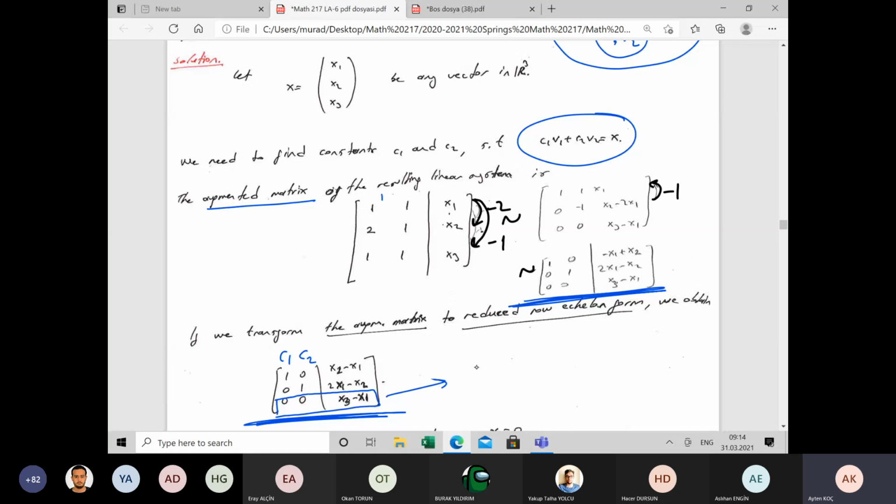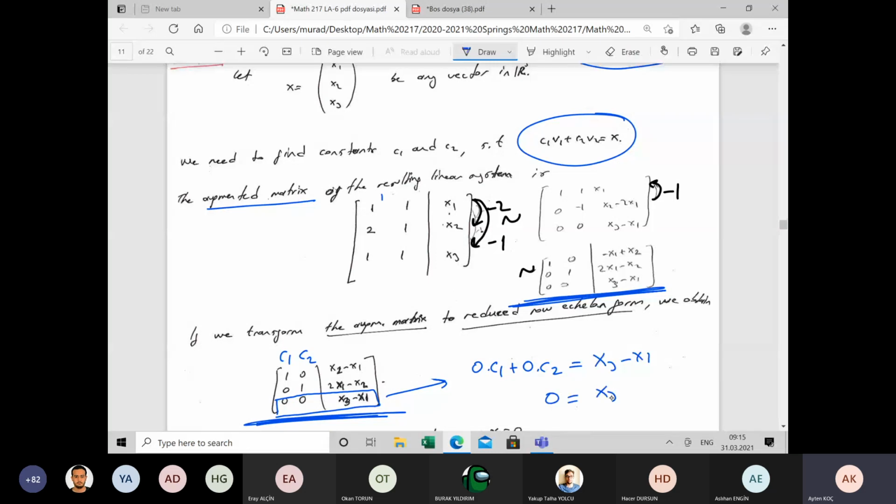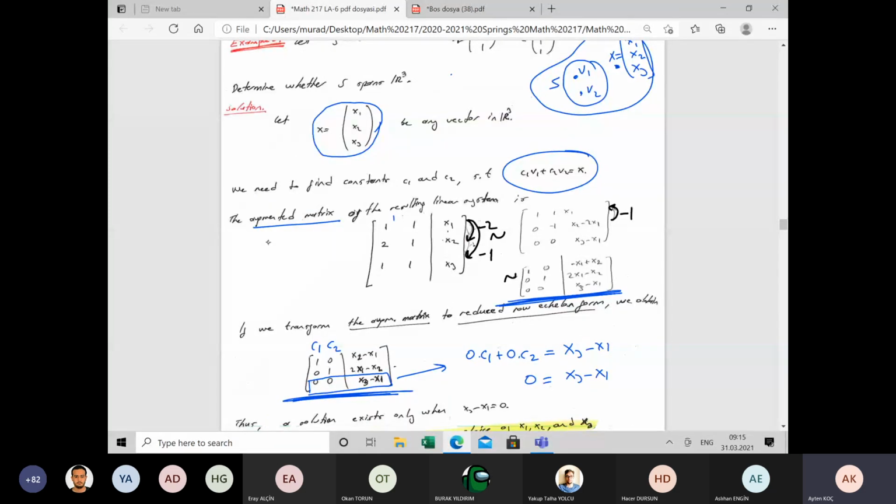They are components of x, and x is an arbitrary vector, not fixed. So maybe this one is not 0. For example, take this vector 0, 0, 1 as our arbitrary vector.